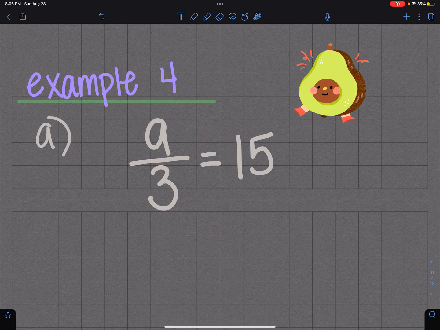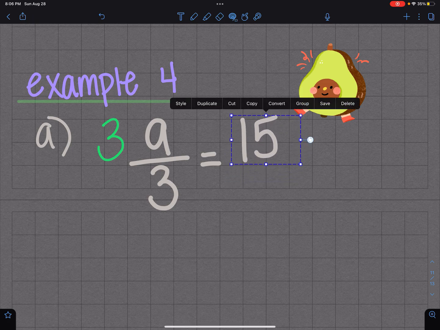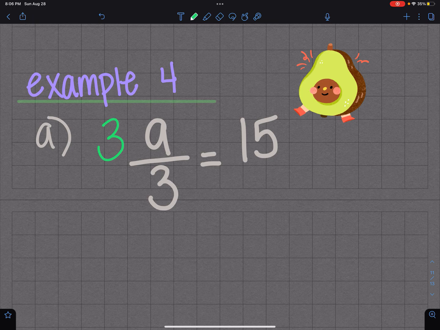If I multiply both sides by 3, I'm going to put a 3 on top, like the top of a fraction, because the right side could be 15 over 1. I don't know if it's easier for you to visualize that way, but I'm multiplying by 3 on the left, so I have to multiply by 3 on the right. And it would be on the top of the equation if I think about it that way. But that's where it goes.